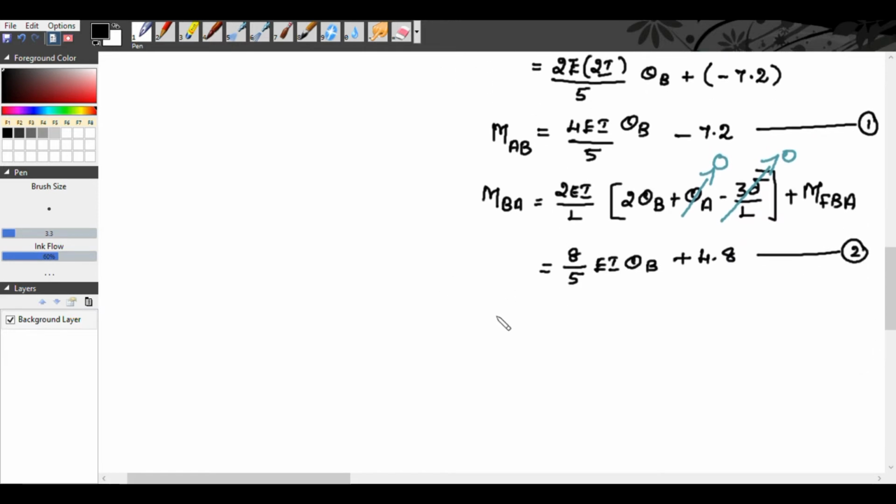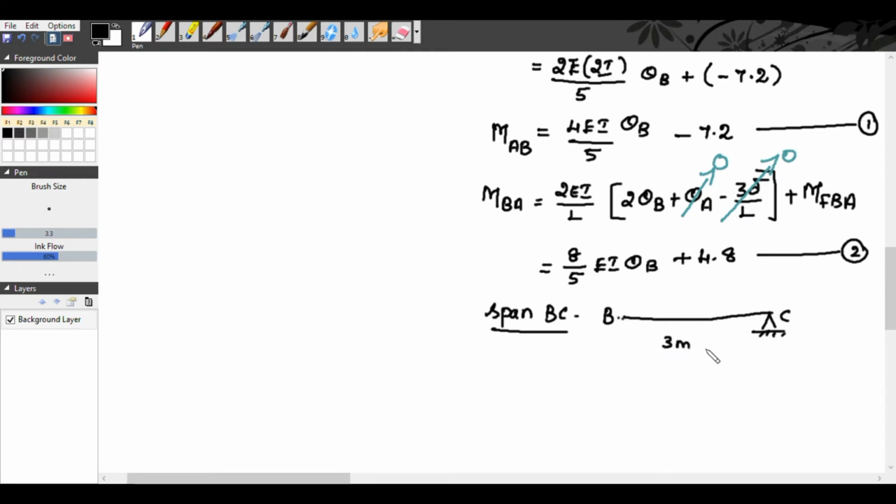Now, we will move on to the span BC. So, for the span BC, we know B is an intermediate support, C is simple support, and we have a UDL.